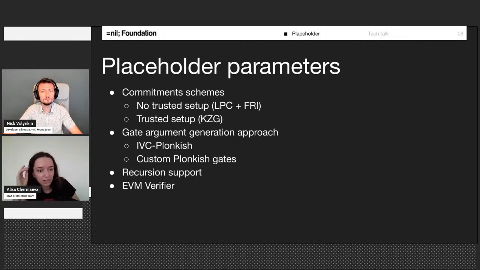But after this you understand you don't need that, you can use some light trusted setup. You can afford yourself one. So you just switch to the KZG option, and maybe it takes 5 minutes, maybe more.